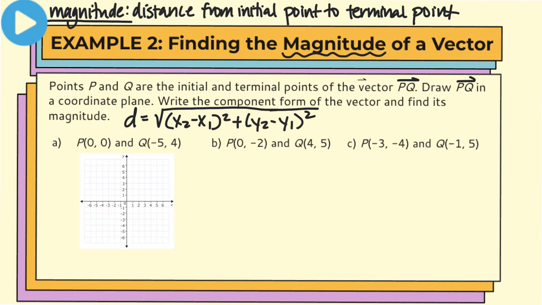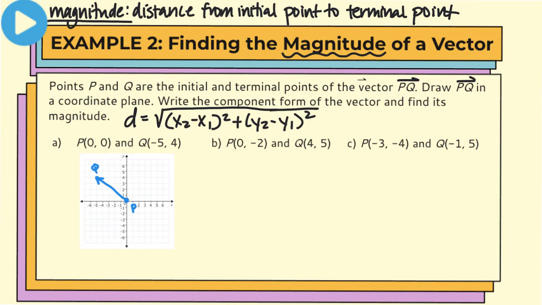We'll start with the initial point P, which is at 0, 0, and then the terminal point Q, which is at -5, 4. And then we connect them, draw a little arrow at Q, just to show that we have that movement, that it's a vector. So now we need to find the distance from P to Q.